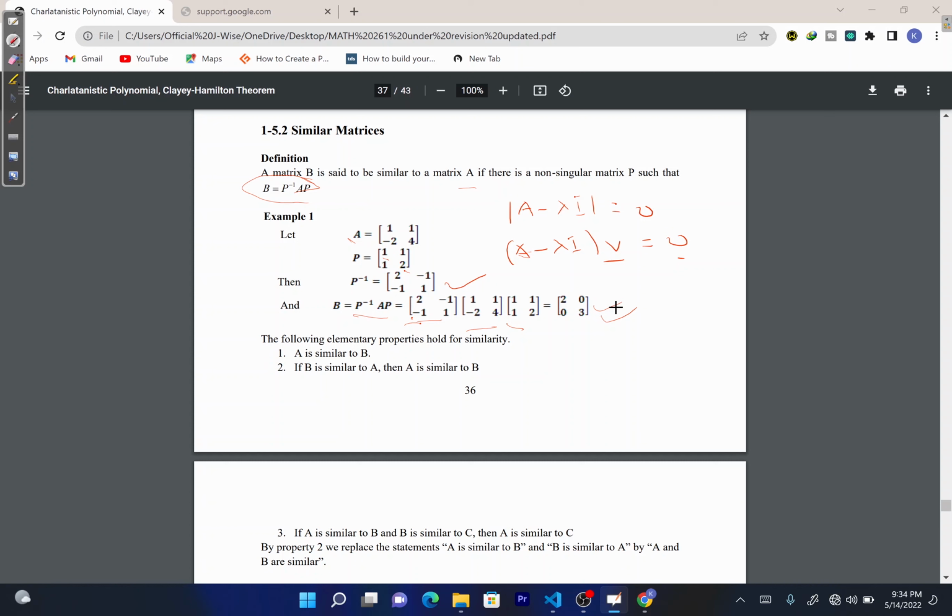Okay, so let's consider the following elementary properties of similar matrices.